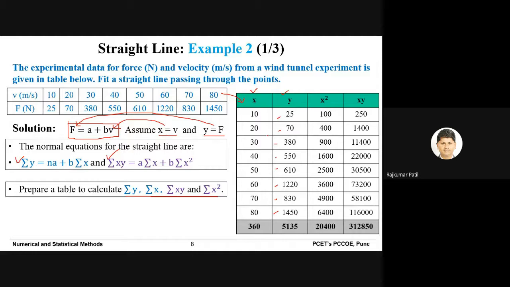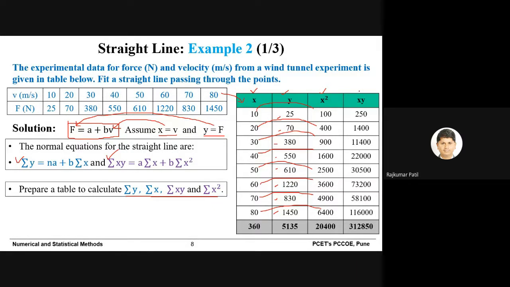And you need to carefully enter the values, because during that entry, you may make some mistakes. So carefully you need to do it. And that's why here also I'm verifying the same. Again, prepare the column for x square. So 10 square is 100, 20 square is 400, 30 square is 900, and similarly you can calculate the remaining values for x square.